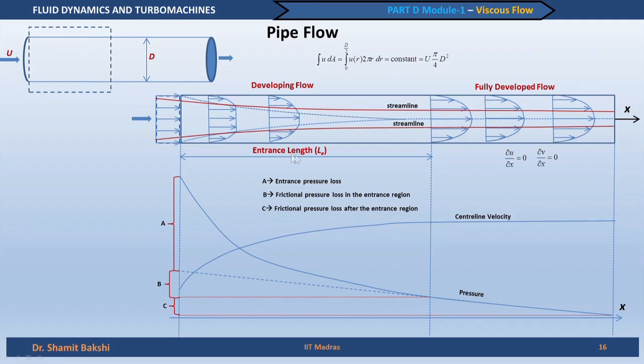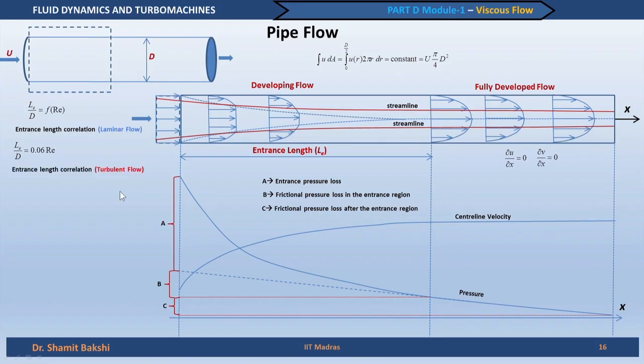Let us go into the estimate of the entrance length. If you look at the entrance length, there are correlations available, and using dimensional analysis you can show that it is a function of the Reynolds number. The entrance length correlation for laminar flow is given as 0.06 times the Reynolds number.